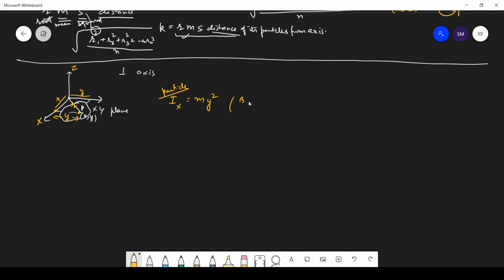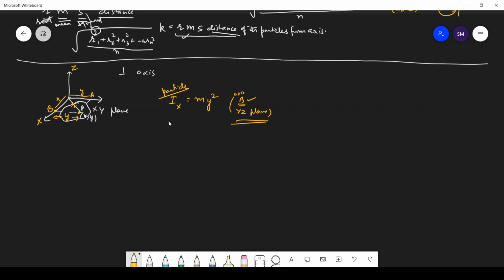One is from where you are taking the distances: this y is from B. And the second thing is that the body is moving in the YZ plane. So this is point B, and you can write here, this is point A. The axis is through point B, and the body is rotating in the YZ plane.